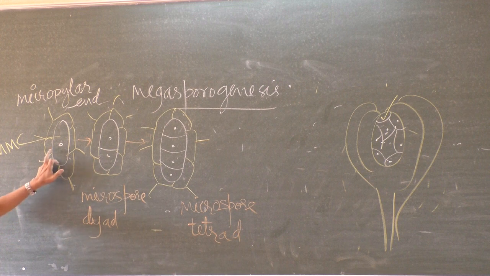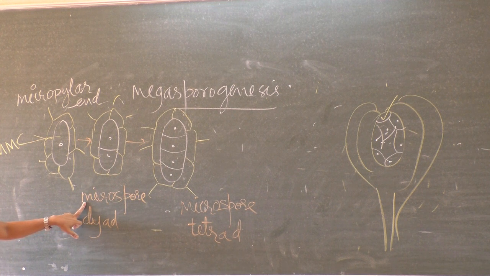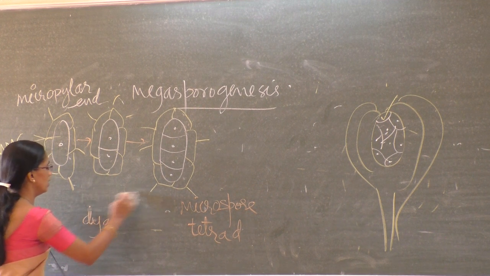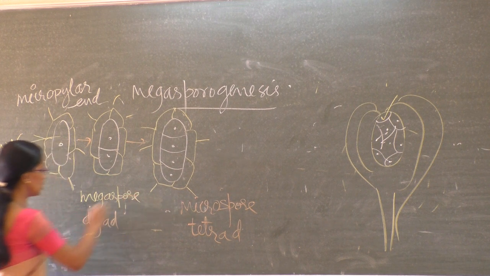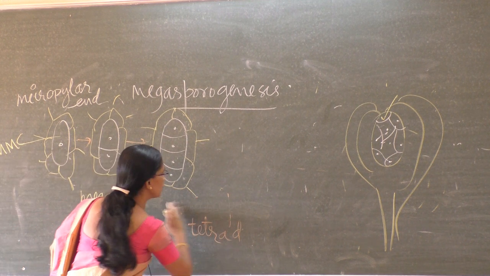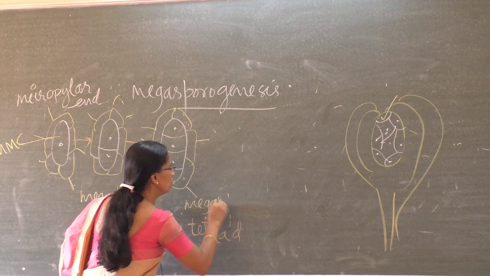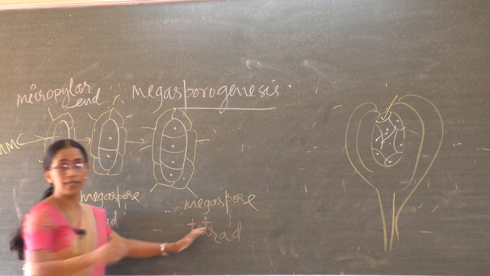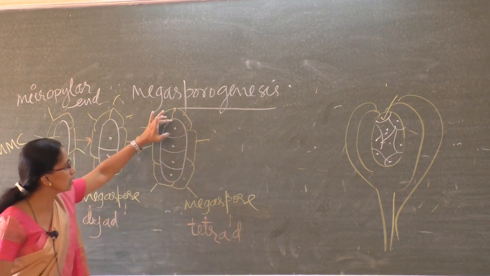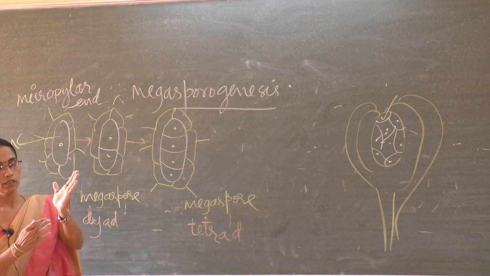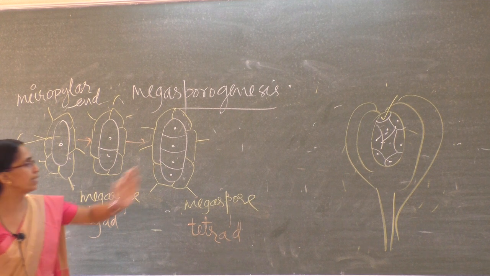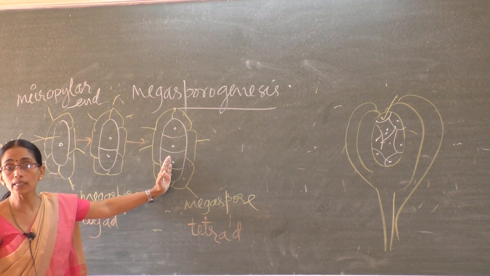The megaspore mother cell undergoes meiosis, resulting in a megaspore dyad and megaspore tetrad. Tetrad means four megaspores arranged in a single line, so it is called linear tetrad.